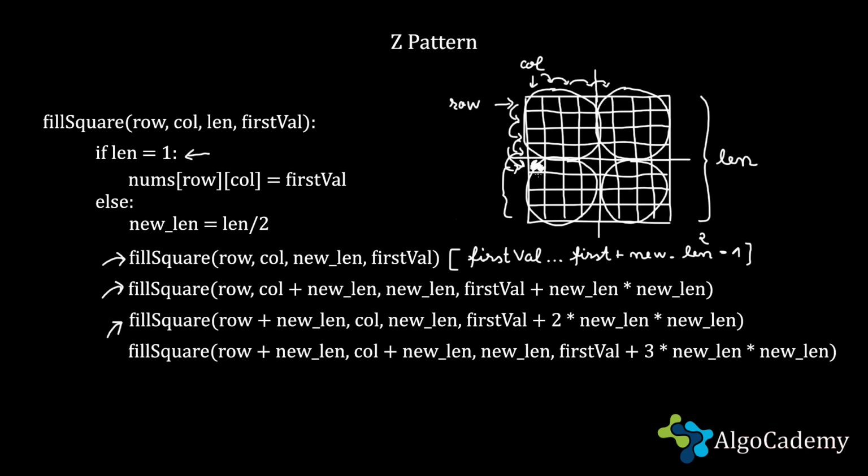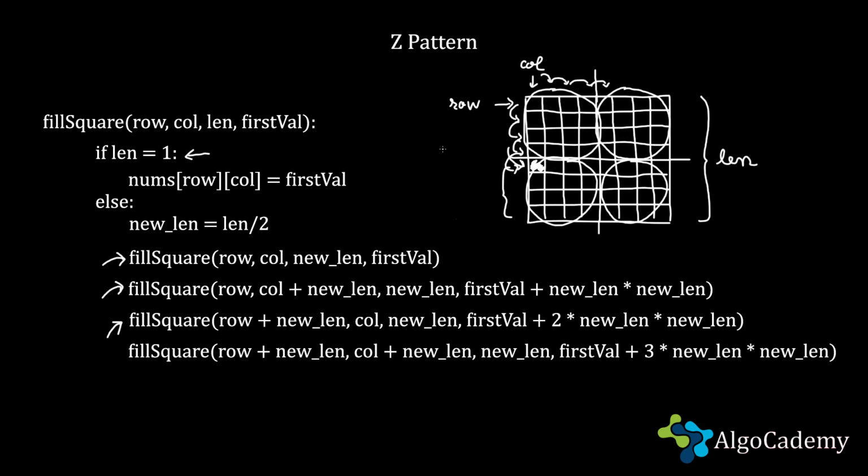So what we basically did is that starting from first val, we have written exactly new len squared crossed 2 values, because we have filled 2 quadrants and each of them contain new len squared cells, right?